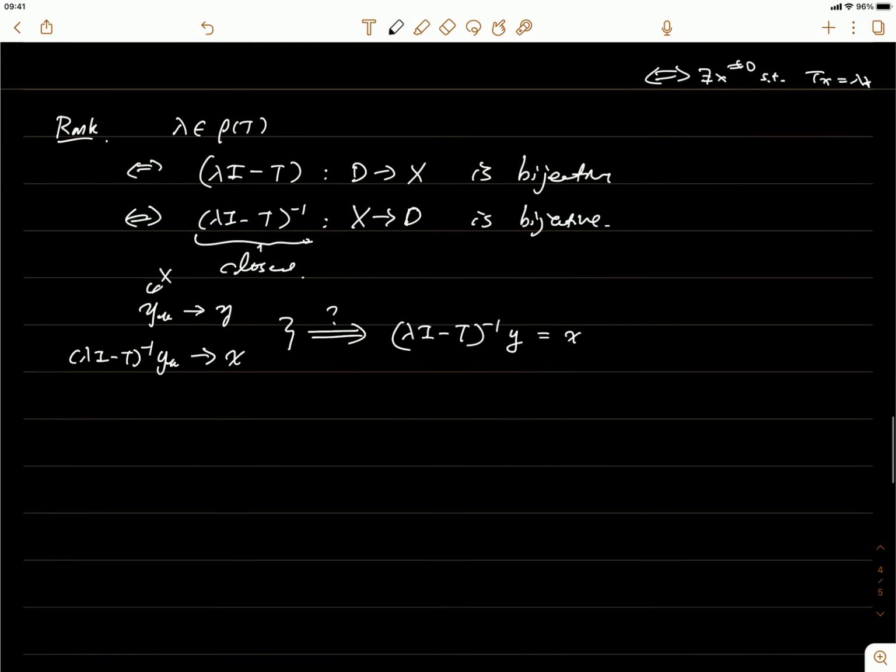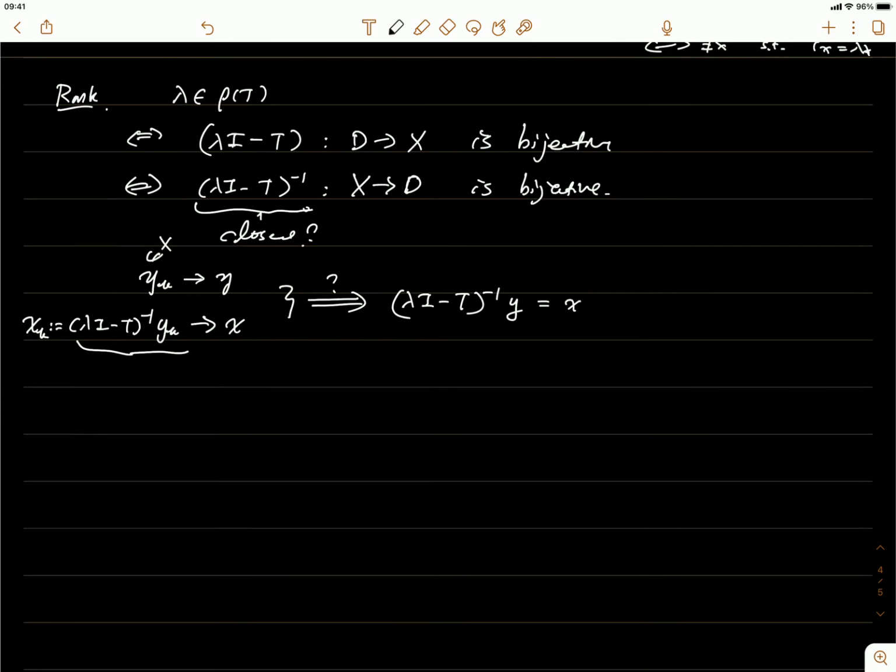That's what we mean by closed operator. So to show that it's closed, we need to show this. Let's say that x_k is defined to be lambda I minus T inverse applied to y_k. Because it's defined this way, and since lambda I minus T is a bijection, I know that y_k is equal to lambda I minus T applied to x_k. And that's just lambda x_k minus T x_k.